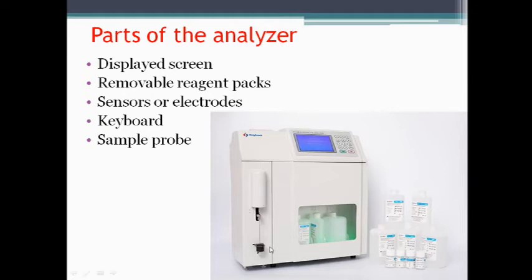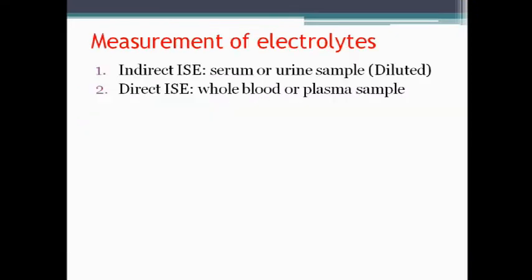By the sample probe the sample is given, and here is the sensory electrode just behind the sample probe. So these are the parts of the basic analyzer. The structure of the analyzer differs because it is manufactured by many companies.